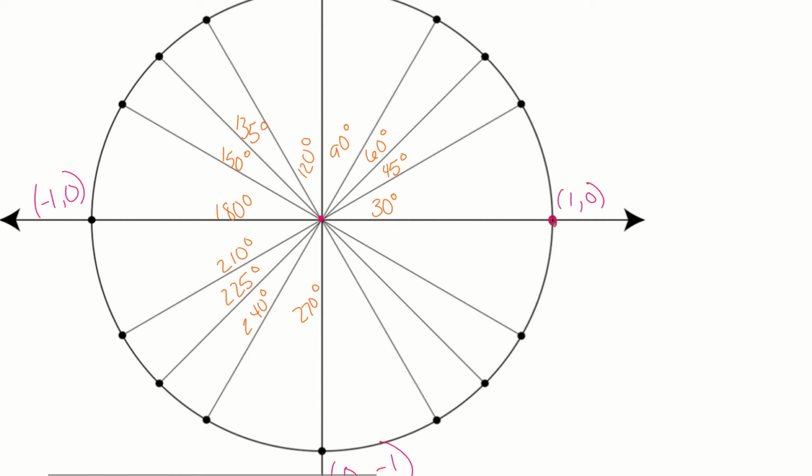And we're going to have 300 degrees, 315. Oh, these spaces are so tiny. 315 degrees, 330 degrees, and this last one will be 360 degrees once you get all the way around.